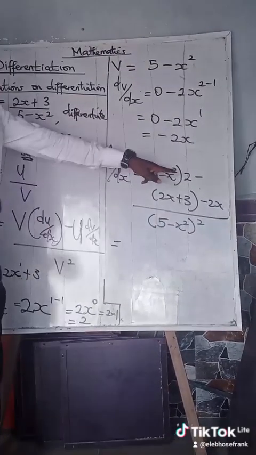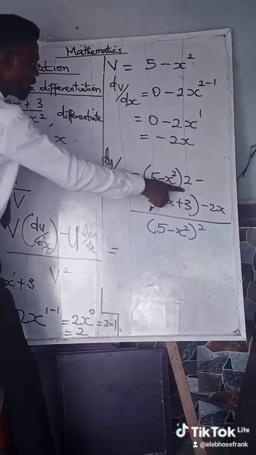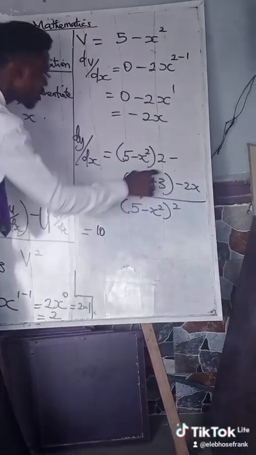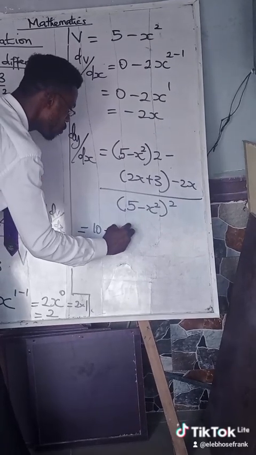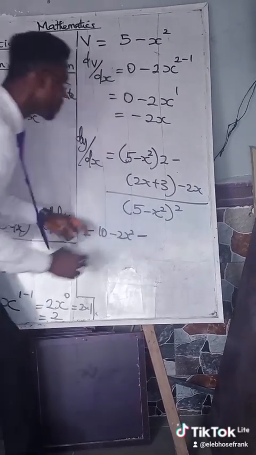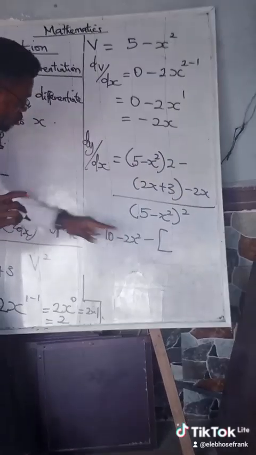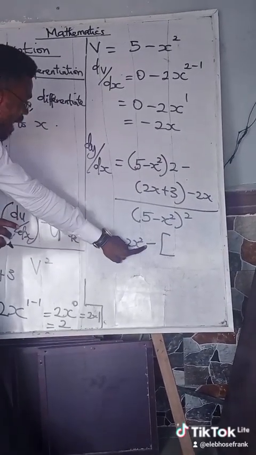Now we're going to expand the bracket. 2 will multiply everything inside this bracket. 2 times 5 gives 10. 2 times −x² gives −2x². Then minus, because it's a negative number, I'm going to put everything in brackets so that it does not affect this minus sign.